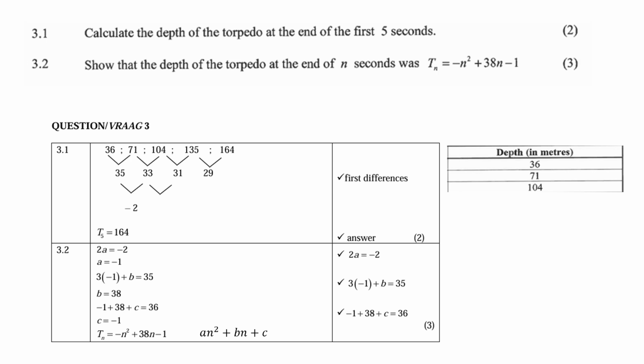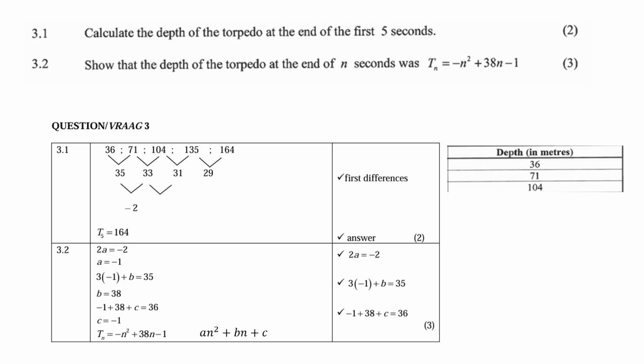So therefore we can determine that the next first difference should be 31, and then the fourth one should be 29. And that's how we can find the values 135, and then of course finally 164, which is the fifth term. So therefore 164 meters will be reached after 5 seconds.